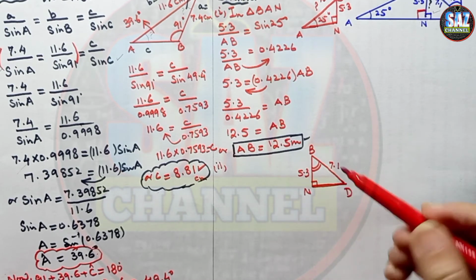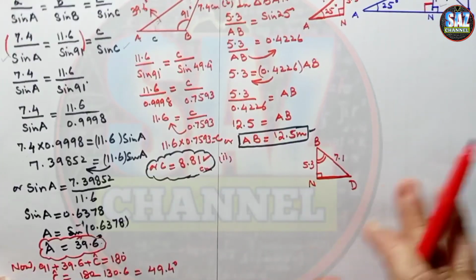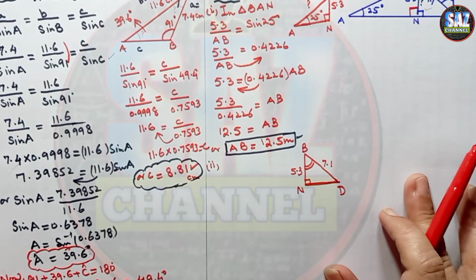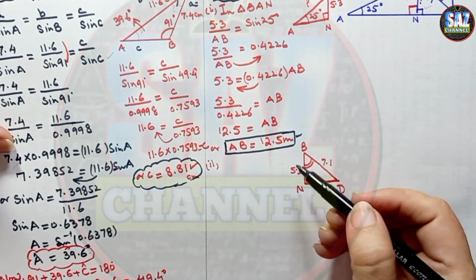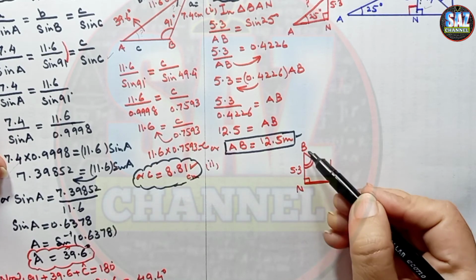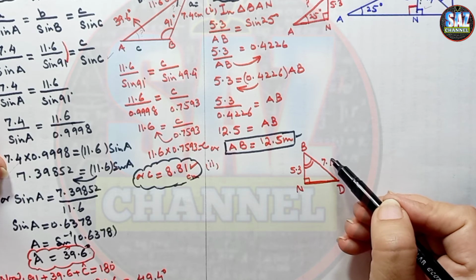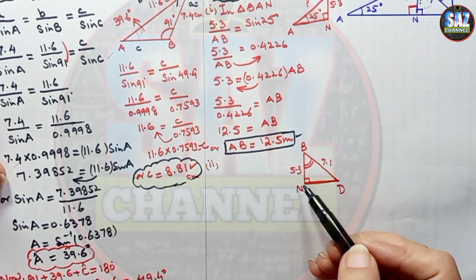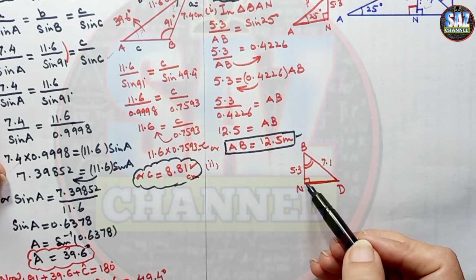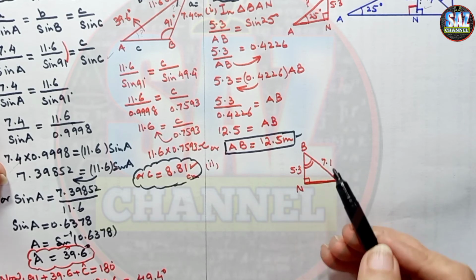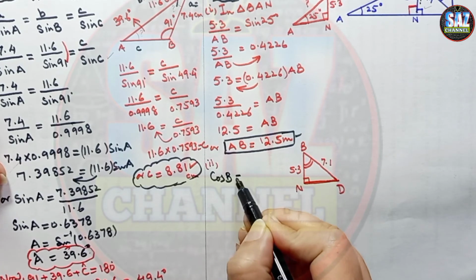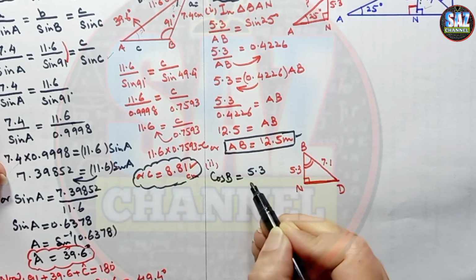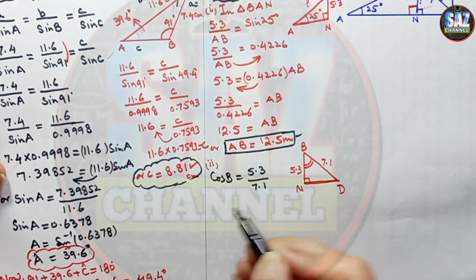Now look, with the reference of angle B, what is the relationship of 5.3 and 7.1? 5.3 is adjacent and 7.1 is hypotenuse. So recall which trigonometric ratio we can apply: adjacent upon hypotenuse. So cos B equals 5.3 upon 7.1.